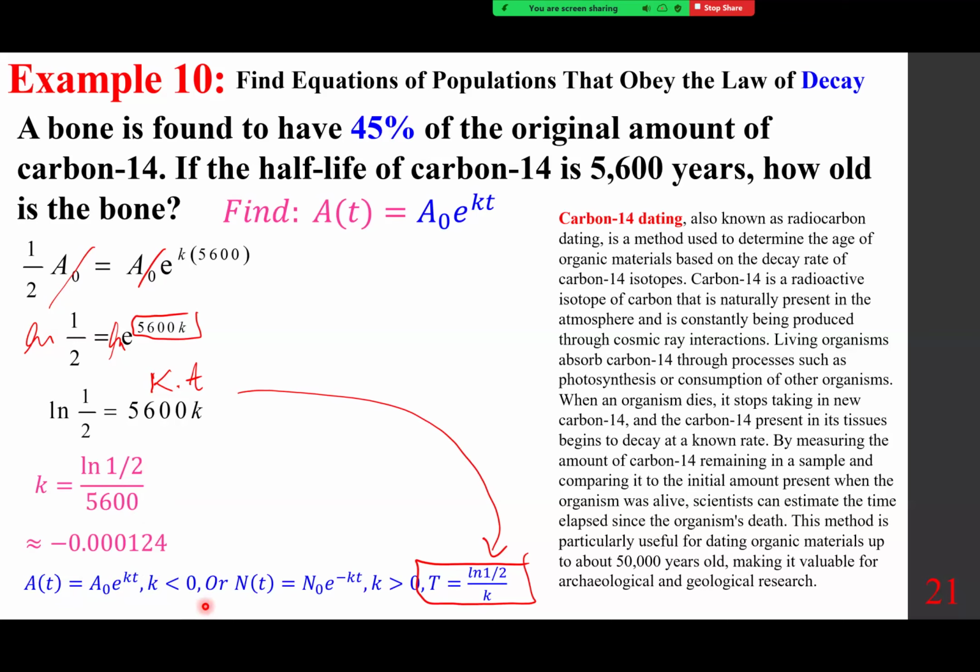0.000124. If you go with the formula that we had before, t equals ln 2 over k, that means we use this formula, and we put the negative intact here. In any event, now let's plug this one in. A of t becomes A sub 0 e to the power of this number times t.